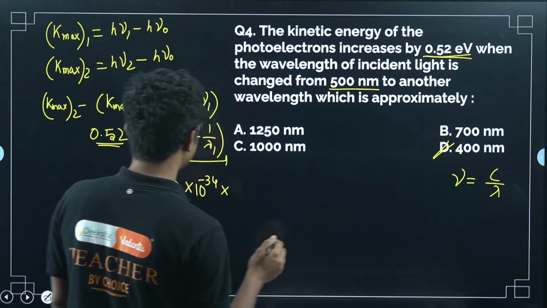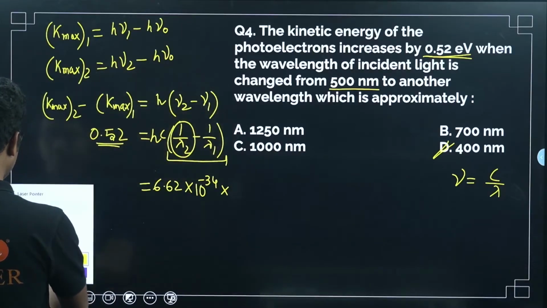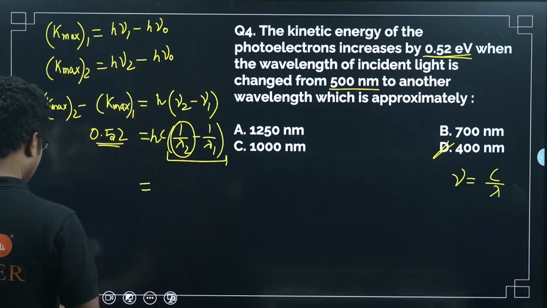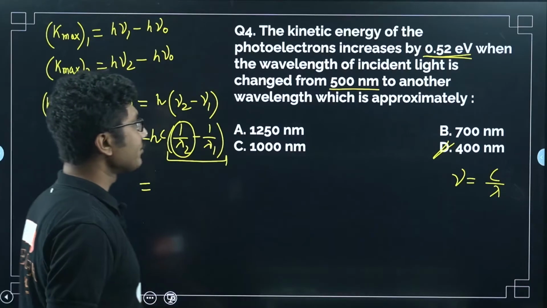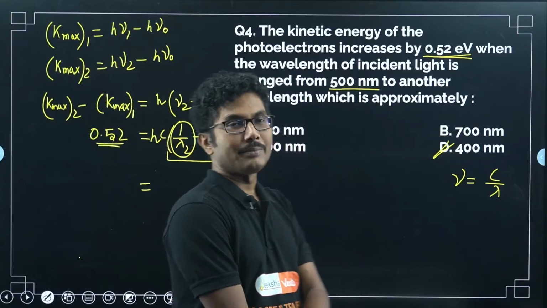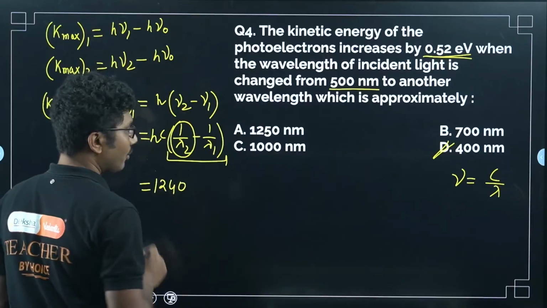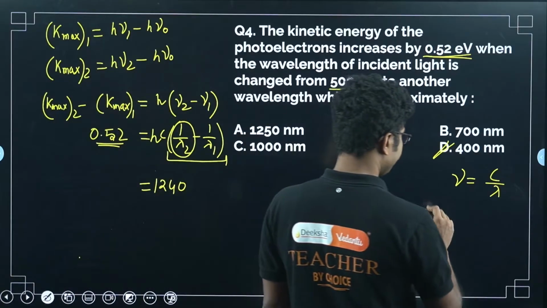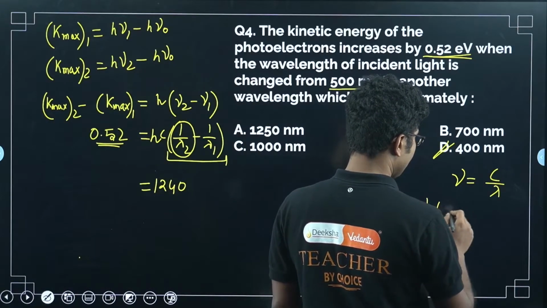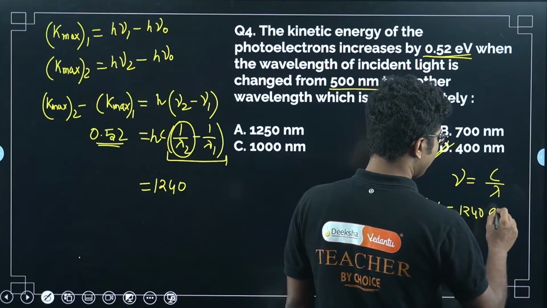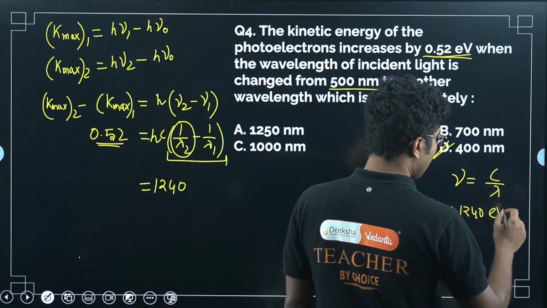Now if you consider this, there is one more shortcut here. hc in terms of nanometers can be written as 1240: hc is equal to 1240 electron volt nanometer.